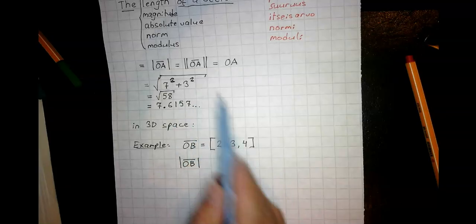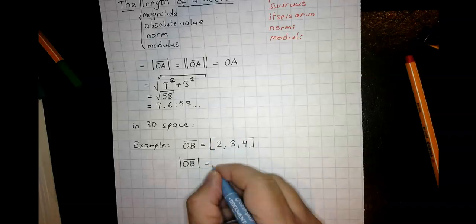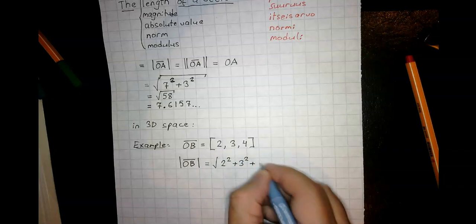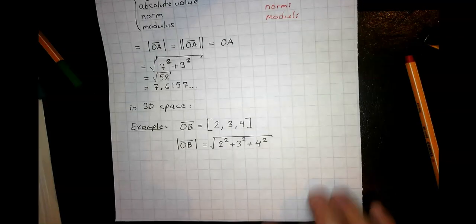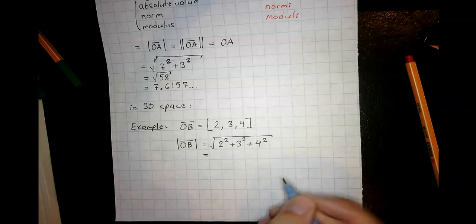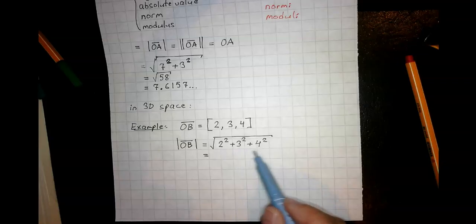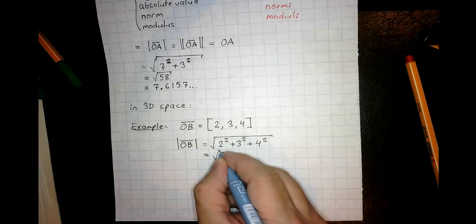We just add the z component there. So we will have the square root of 2 squared plus 3 squared plus 4 squared. 4 plus 9 plus 16, is it 29, I guess.